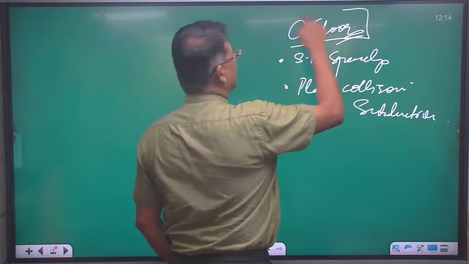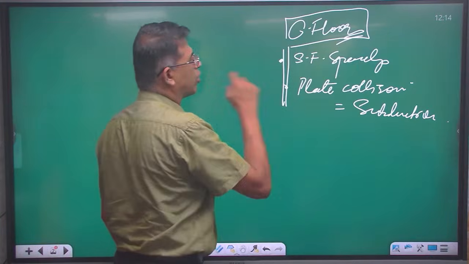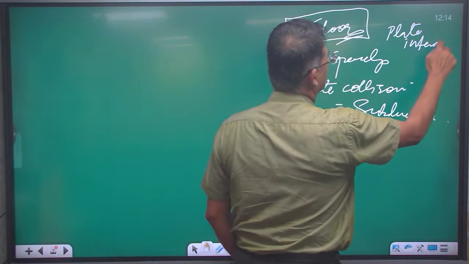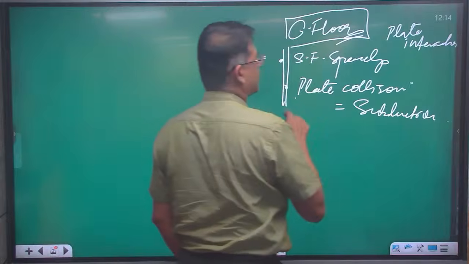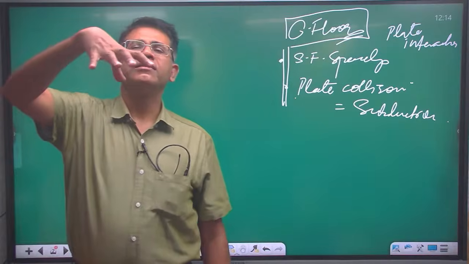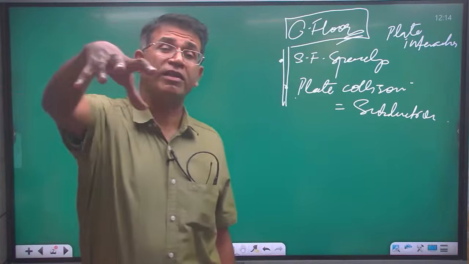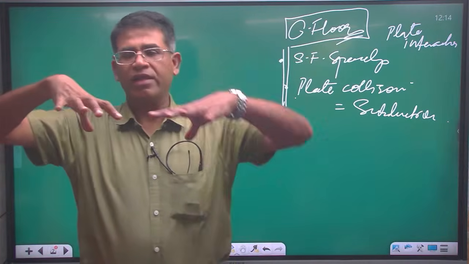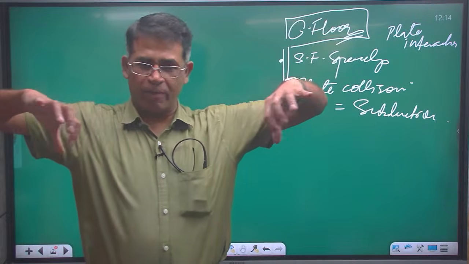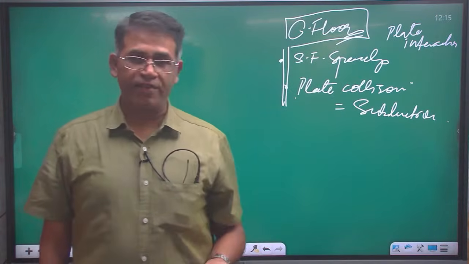Okay, so the two key processes, and we said these are examples of, I used a phrase, plate interactions. So the lithosphere plates are blocks, okay, which have this property of floating over the asthenosphere, and when they are floating, these blocks can collide, these blocks can break and they can move apart. So it is this interaction that creates the landform that we have.